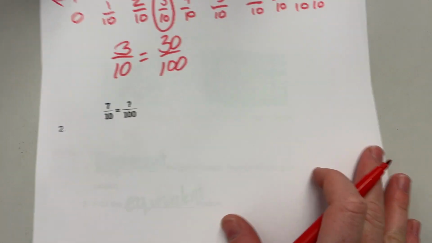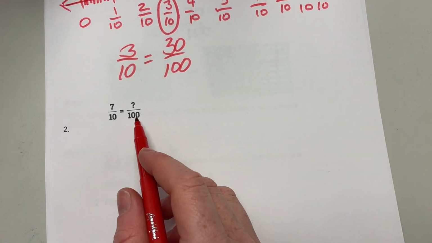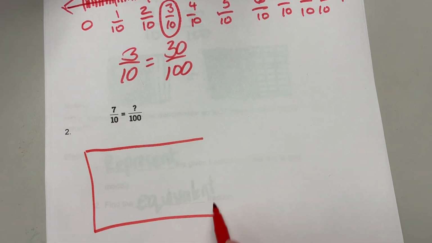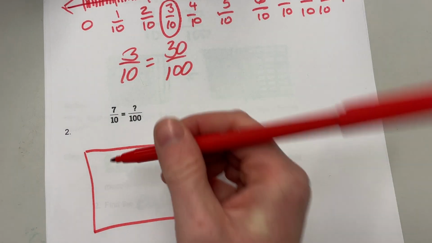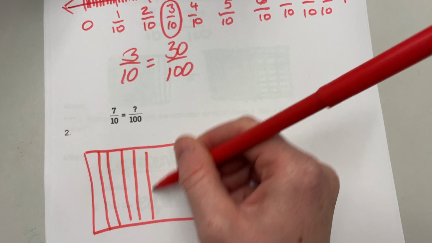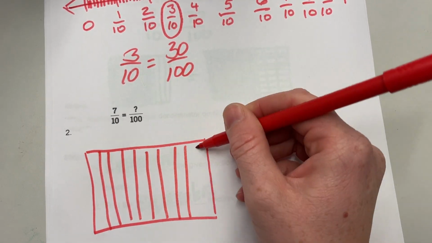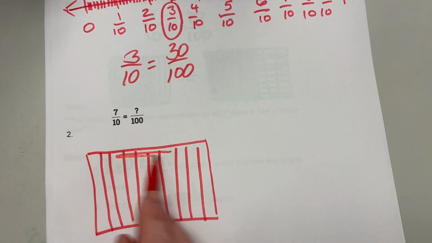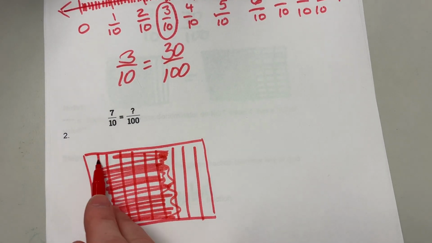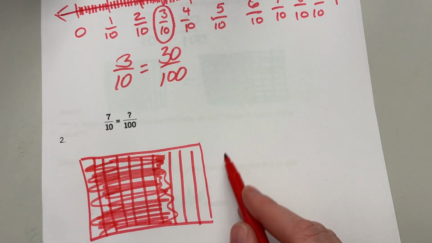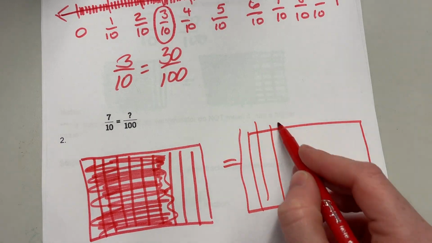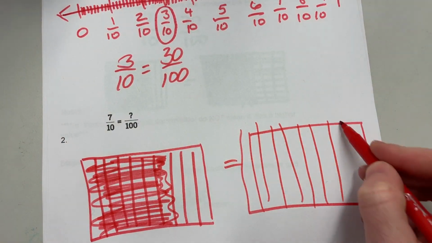Okay, our second problem is 7/10 equals how many hundredths? So we actually did this problem earlier. So if I have 1, 2, 3, 4, 5, 6. If I have 7 of them, I would have this much shaded in. And now I need to do that for the 100th one. 1, 2, 3, 4, 5, 6, 7, 8.